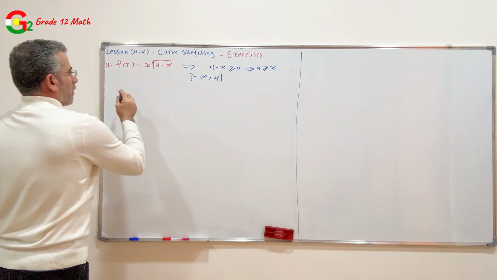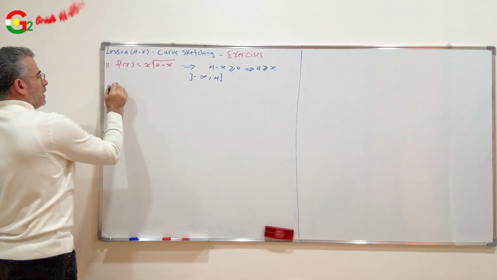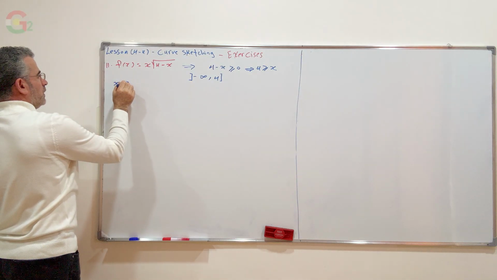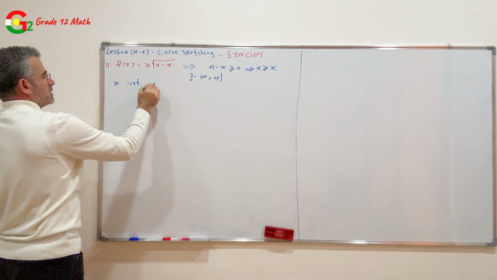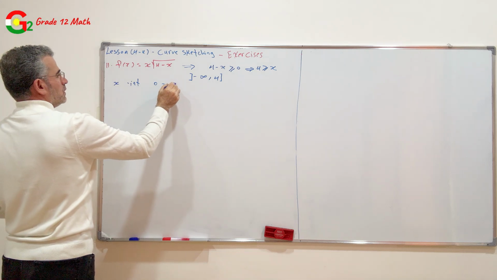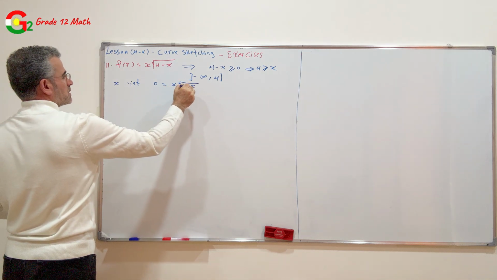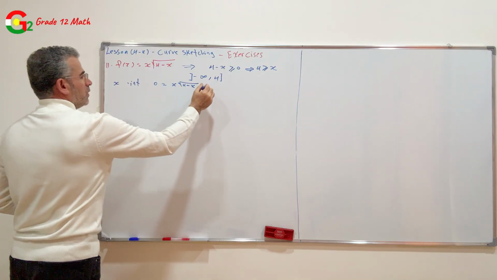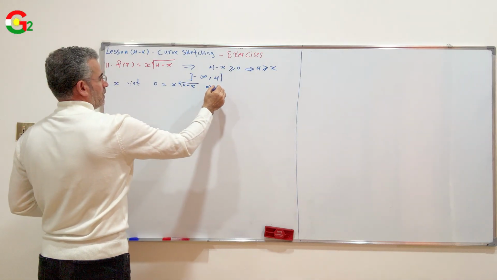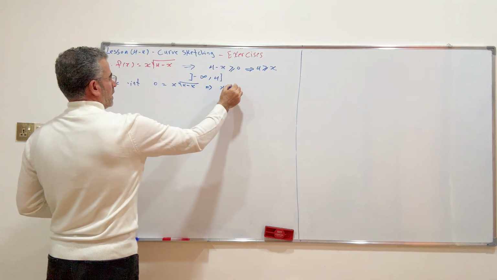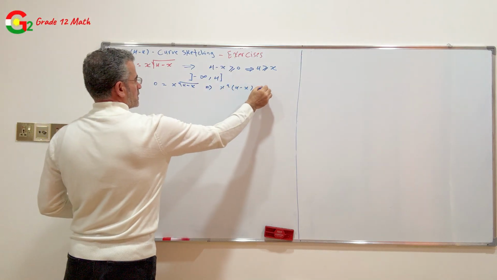For x-intercept, we set y equal to 0: 0 equals x times square root of 4 minus x. Square both sides, then x power 2 times (4 minus x) equals 0.